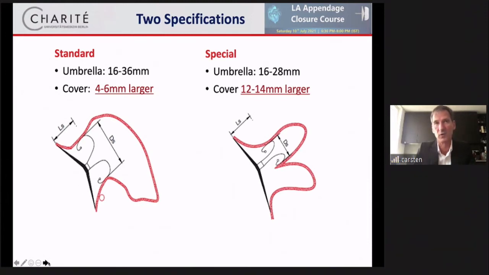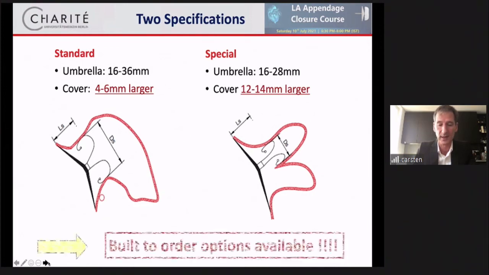So if you have multiple lobes with septums, then you use a special configuration with a small umbrella, and the cover is 12 to 14 millimeter larger. And the most important thing is that this is the only device that has special build-to-order options available.